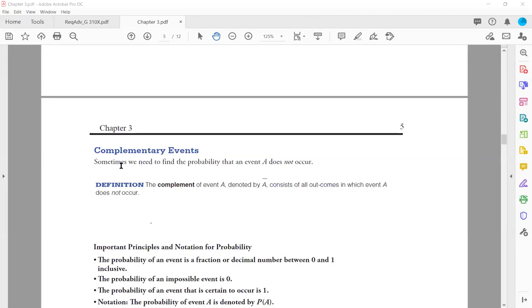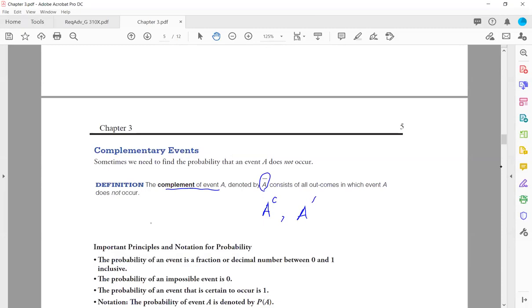Sometimes you need to find the probability of an event like A that doesn't occur. The opposite of that event is called the complement of event A. We denote it by A bar, A^C, or sometimes A prime.